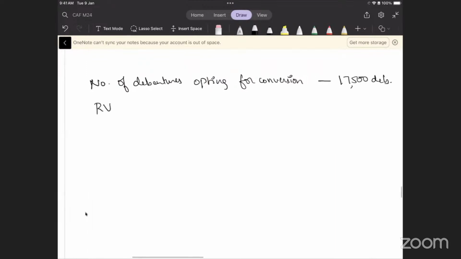Redemption value of 17,500 debentures is how much? 17,500 into 105. You understood how I got 17,500? 20,000 minus 2,500. 18,37,500. Is this correct?